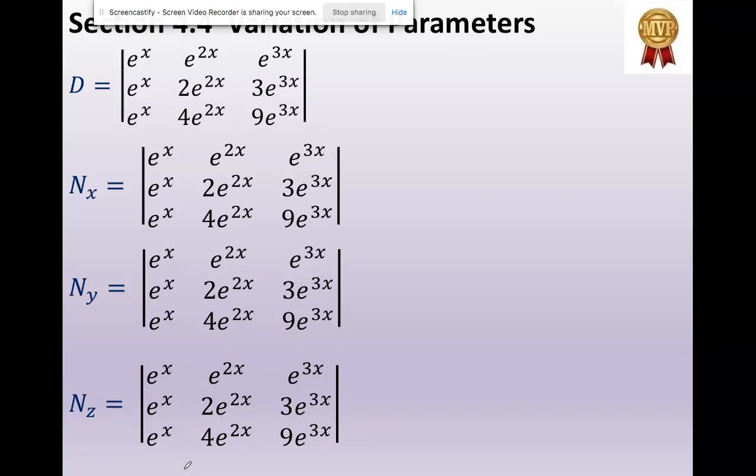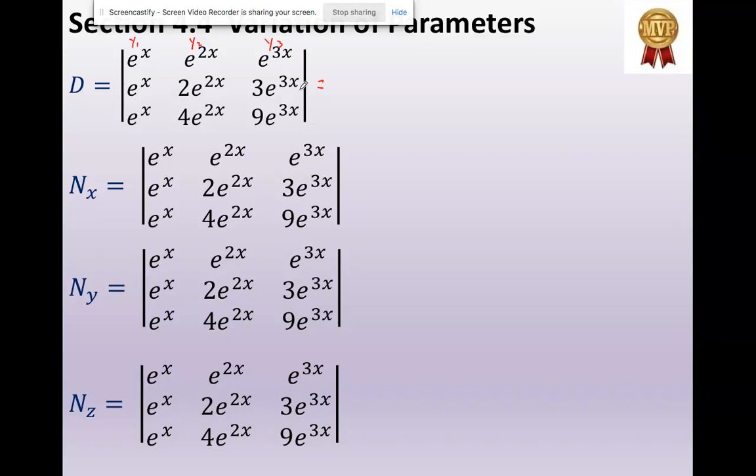So the D determinant, this is the determinant that goes in the denominator of all 3 ratios. This is just y1 and its derivatives, y2 and its derivatives, y3 and its derivatives. So I do my work. I trust you.